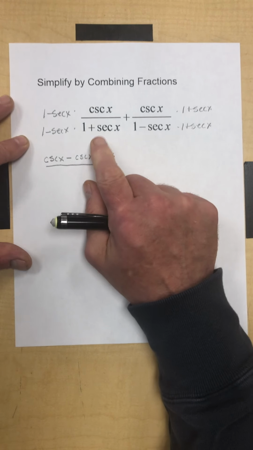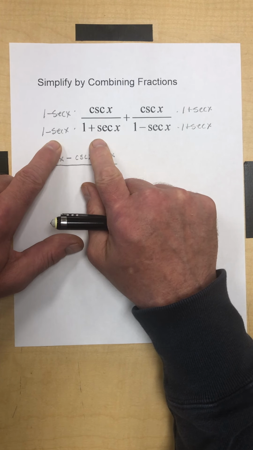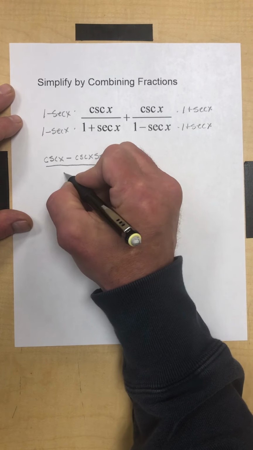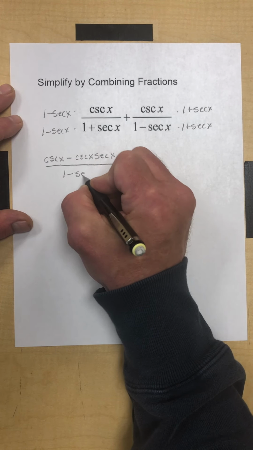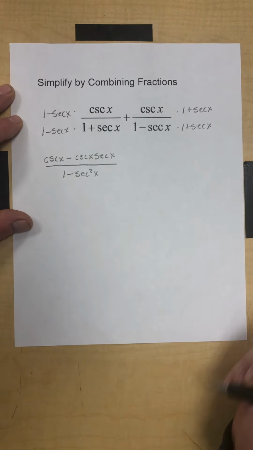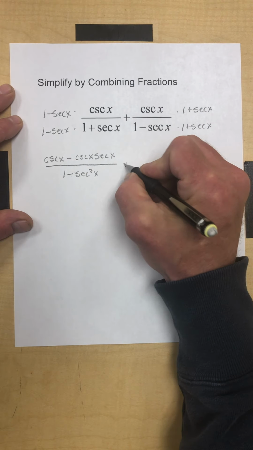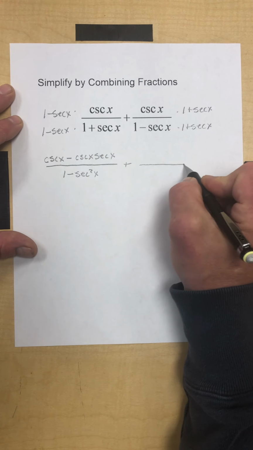And then down below, notice that these guys are conjugates of each other. So anytime you multiply conjugates, you get a difference of squares. Okay, so when I multiply them, I'm going to get 1 minus secant squared of x, like that. Okay, let's see what happens over here.